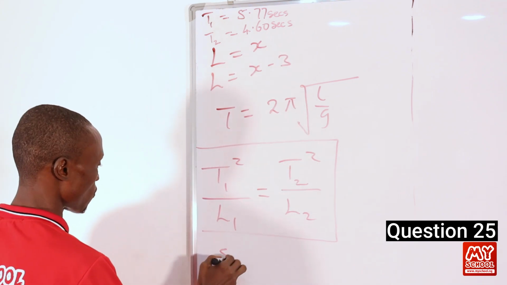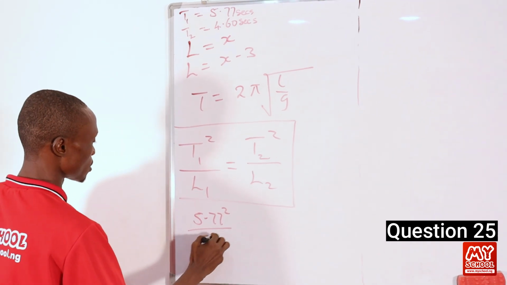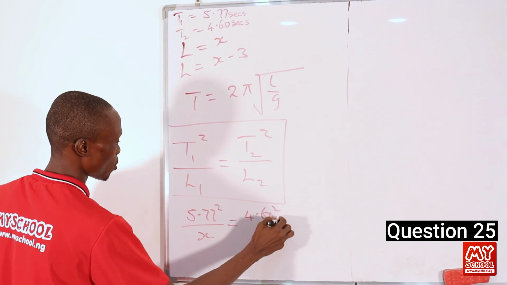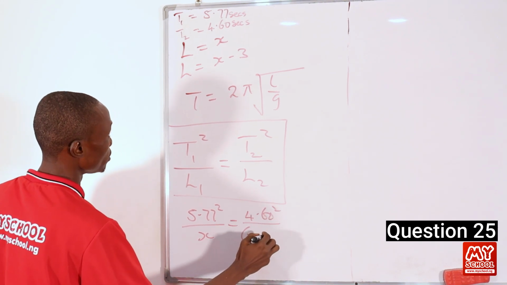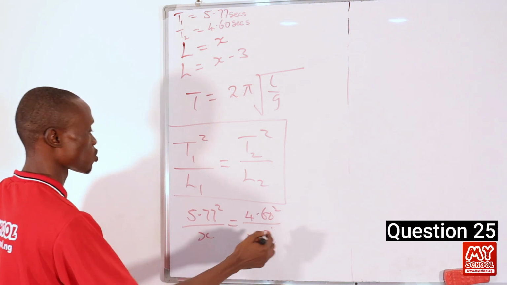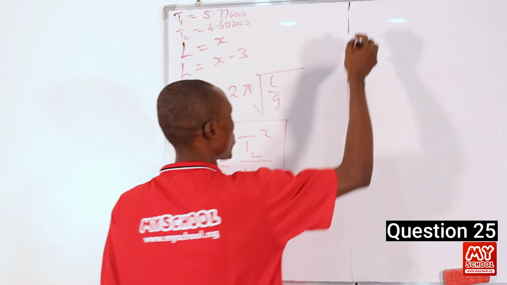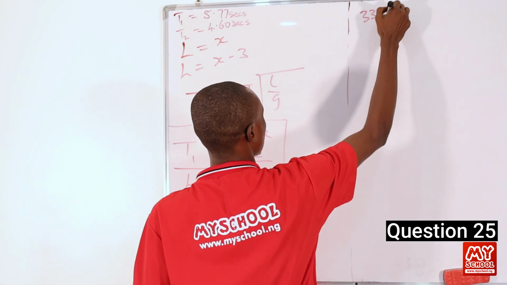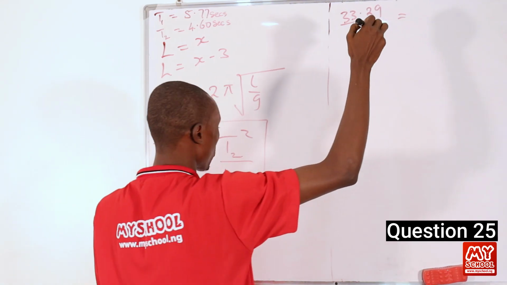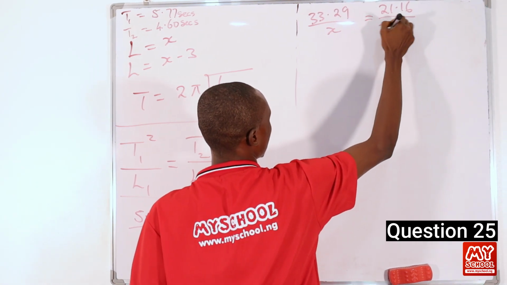So this is 5.77 squared over the original length, which is x, equals 4.60 squared over x minus 3. We can remove the bracket. So we cross multiply. 5.77 squared is 33.29, all over x, and 4.60 squared is 21.16 all over x minus 3.